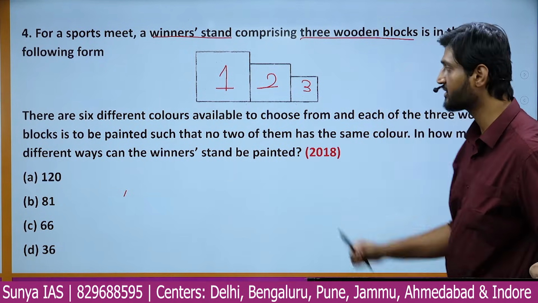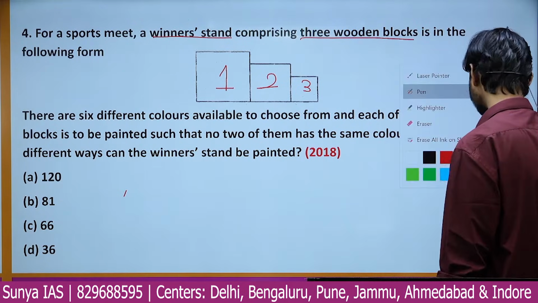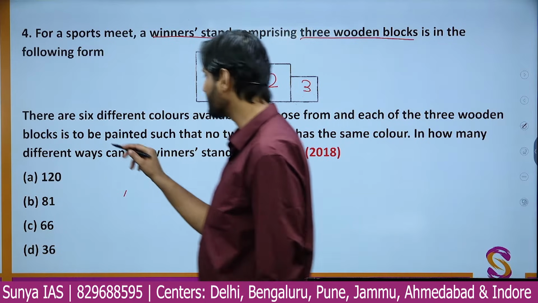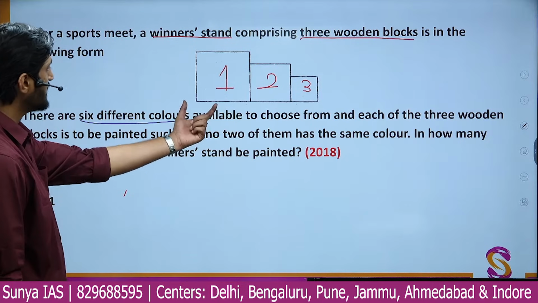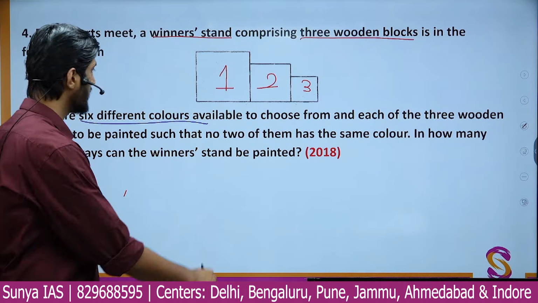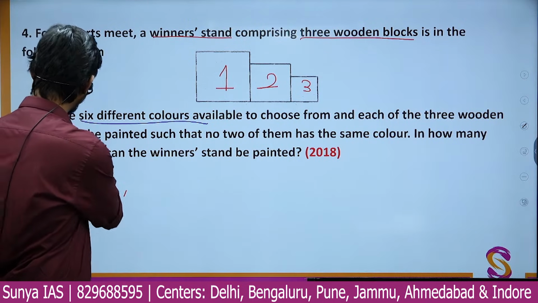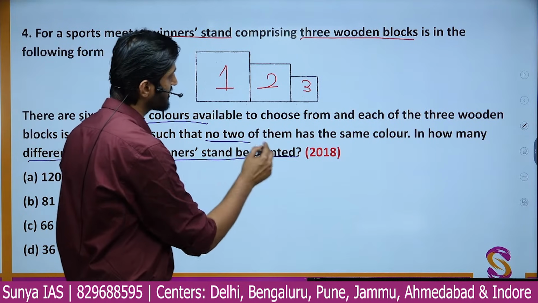This is the winner stand, and you want to fill it with different colors. So overall you have 6 different colors available to you, and you want to paint each of the 3 blocks with a different color. In how many different ways can the winner stand be painted if no 2 of the blocks have the same color?